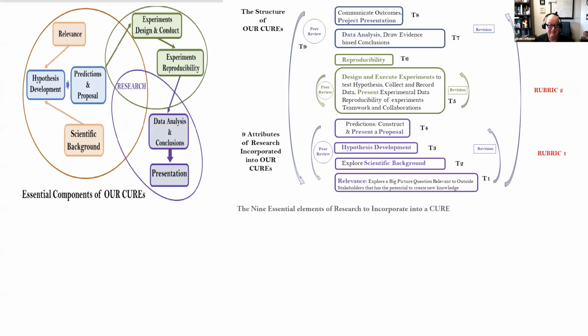This is based upon the essential components of research that need to be in your CURE, which I'm sure you've heard me talk about before. If I can look at the right-hand side of the screen here, we always start with a discussion of relevance. I think it's really key to getting the students engaged to let them take ownership from a very early stage, think about relevance and develop relevance, and then explore the scientific background building into the hypothesis development.